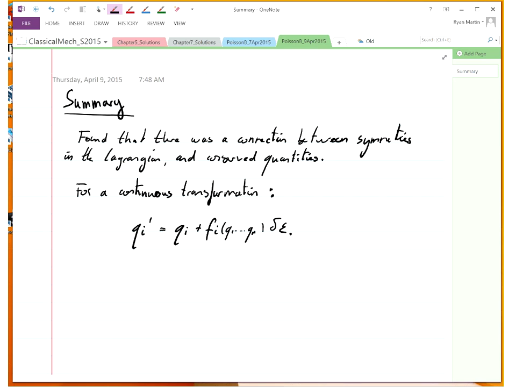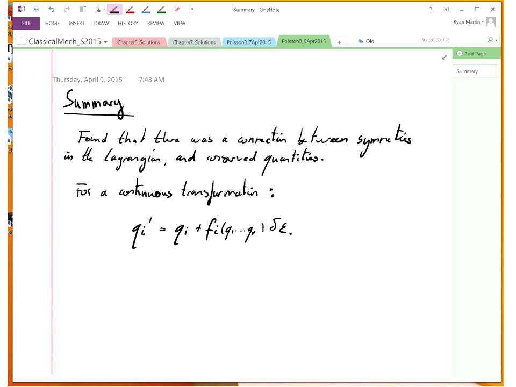This is an infinitesimal transformation, so it's part of the continuous transformation. It's continuous because we just make delta epsilon bigger, and then qi prime is more different from qi. In principle, each qi has its own little factor, fi, that multiplies the delta epsilon.